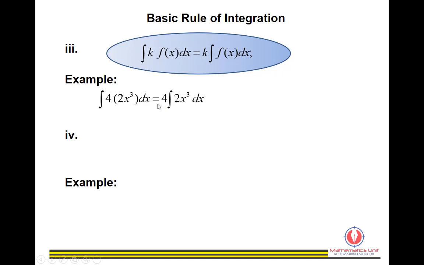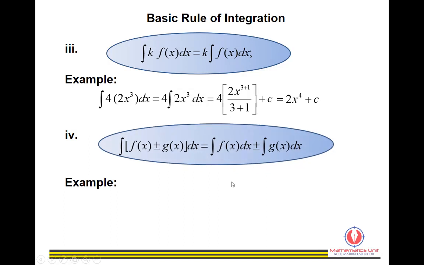We can factorize 4 and integrate 2x cubed. So we get 4 times 2x to the power of 3 plus 1 over 3 plus 1 plus c. So it equals 2x to the power of 4 plus c.